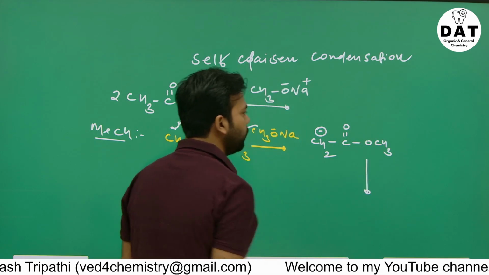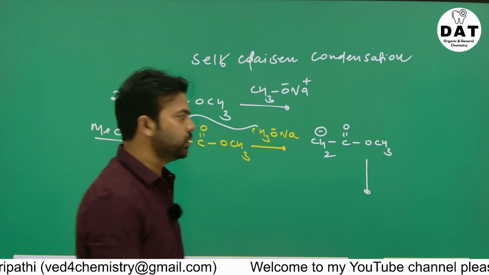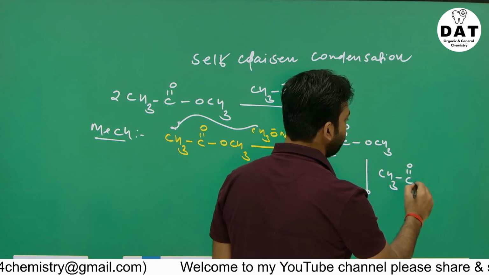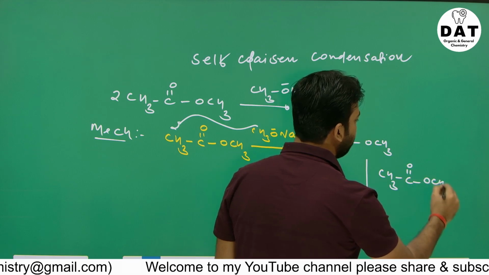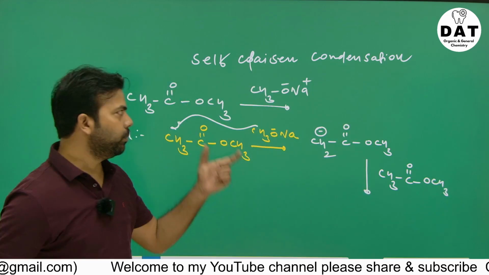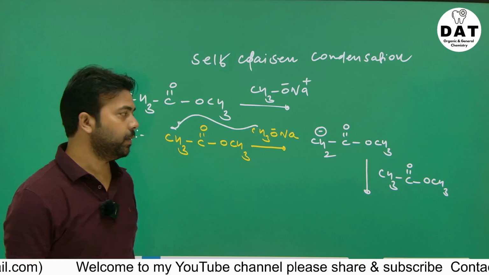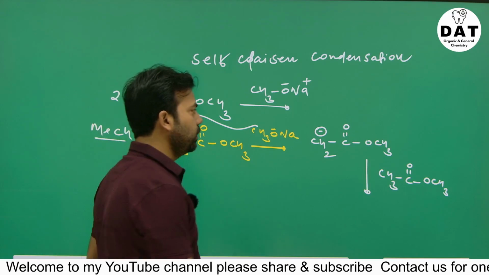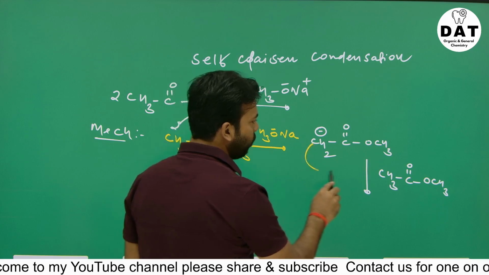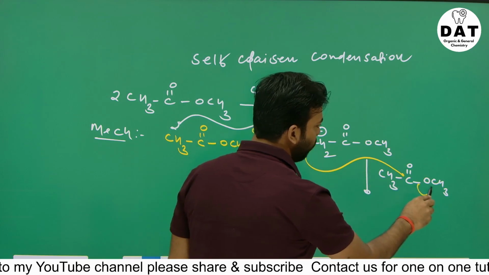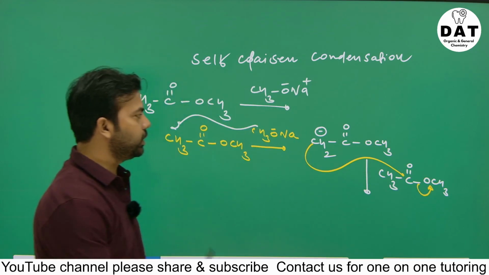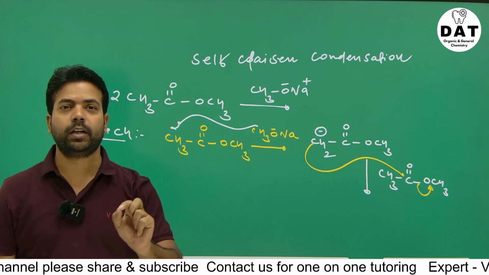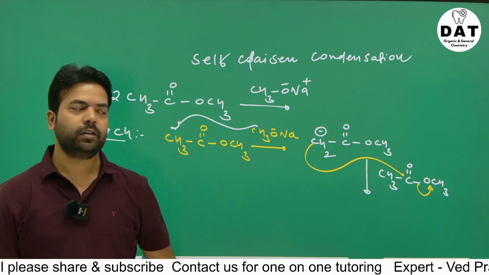Now we are going to introduce another mole of ester, because we have 2 moles and both are the same. And this is the condition of self-Claisen, when both ester molecules are the same. If they are different, then that is called crossed Claisen. So this negative charge attacks this carbon and this bond is going to break. So OCH3 is my leaving group. This kind of attack is called nucleophilic addition then elimination.